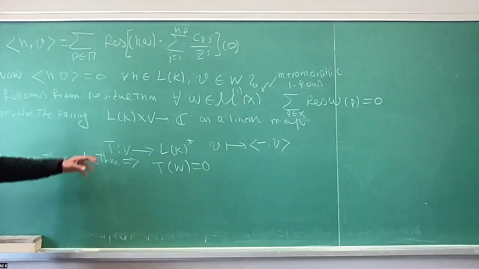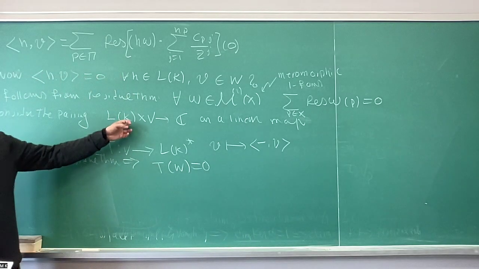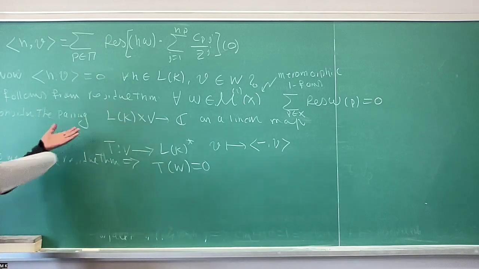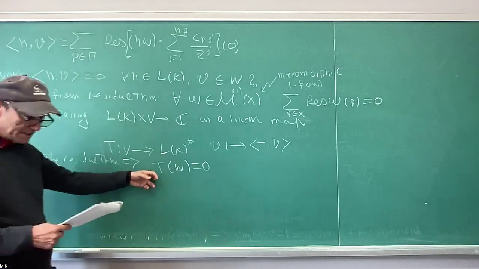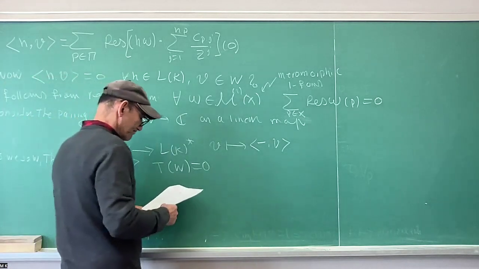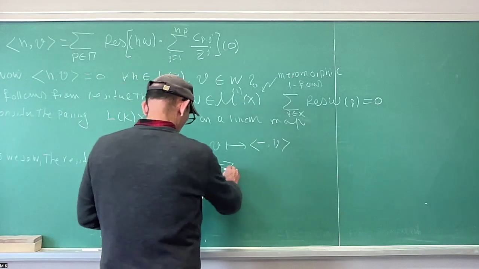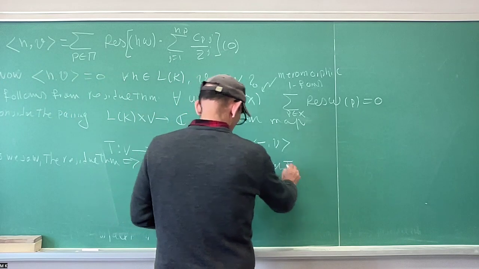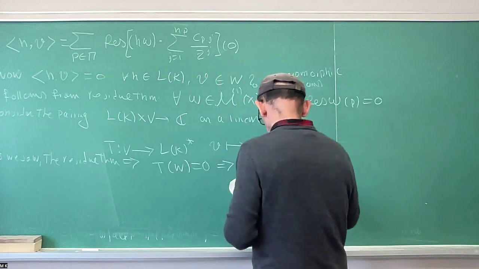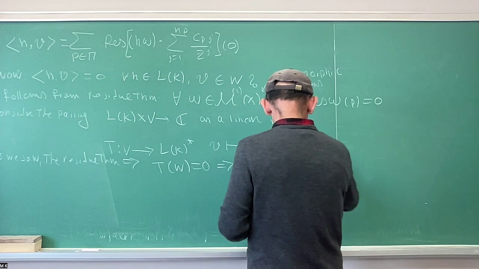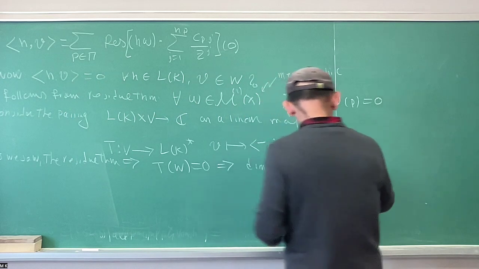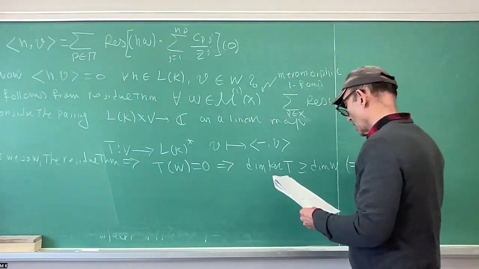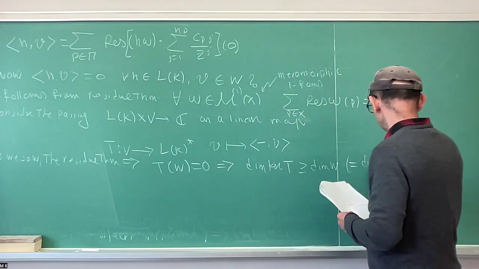That's exactly when I said the pairing between something from W and that is 0. So this means that the subspace W is actually in the kernel of T, right? So this obviously implies that the dimension of the kernel of T is bigger than or equal to the dimension of W. But this, of course, we just observed is equal to the dimension of L of D minus 1, right?